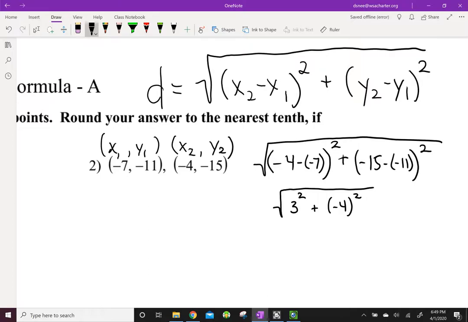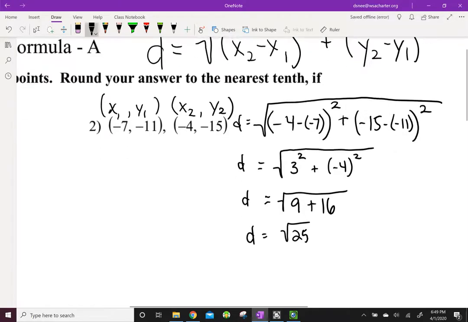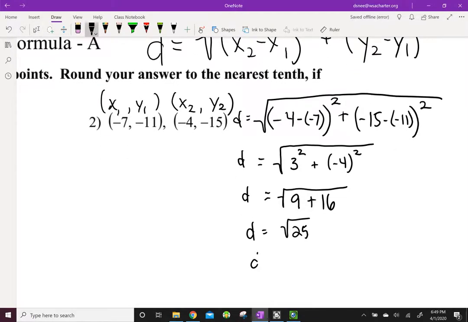And so what I have here is the square root of 9 plus 16, which is the square root of 25. And every one of these is equal to the distance between those 2 points with x and y values that are given. Okay, so the distance between those points should be equal to 5. Okay, now let me see something here.